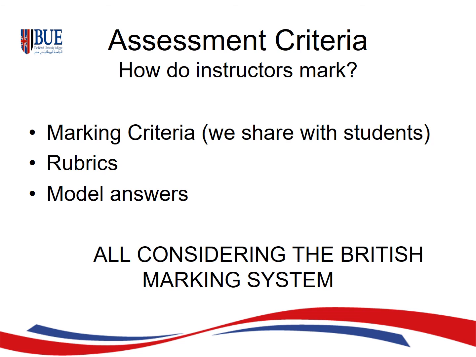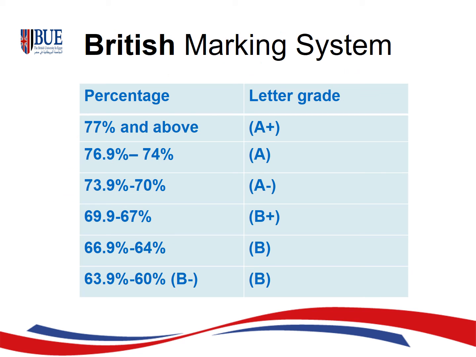And all of these are considering the British marking system. The British marking system is all here. You have here the table where you have the equivalent percentage number and the letter grade that you will also see.